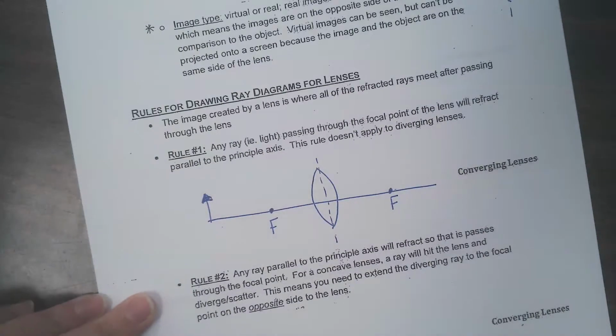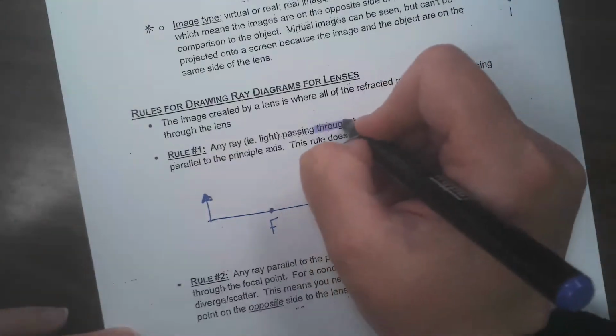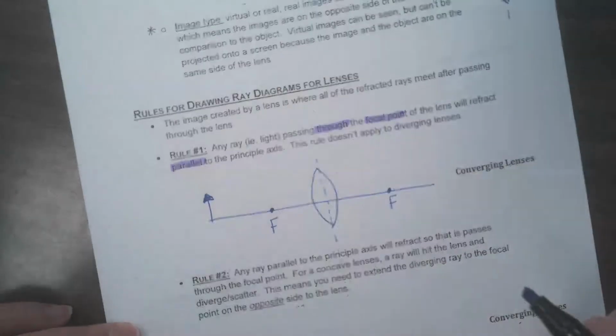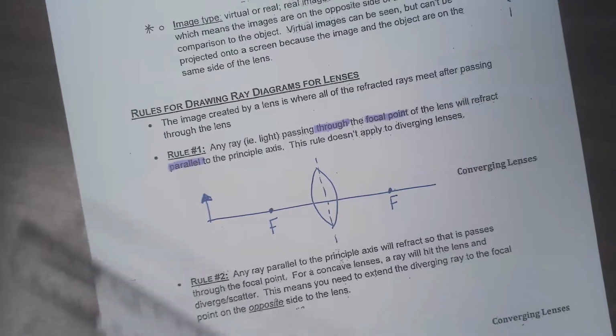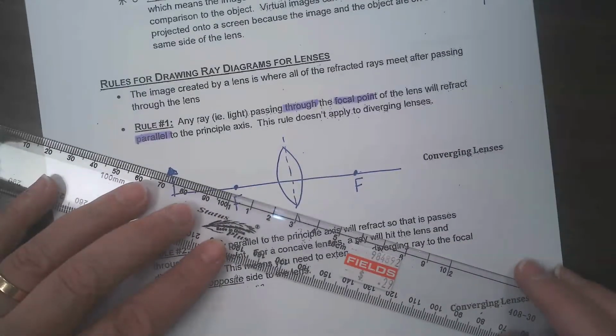Okay? So rule 1 says any ray passing through the focal point of the lens will refract parallel. Passing through the focal point will refract parallel to the principal axis. And this is where your ruler becomes your best friend. So if you don't have one, now's the time to get one.